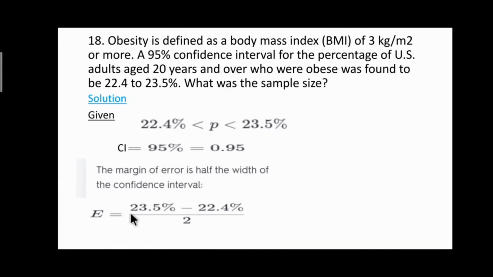So our margin of error is equal to 23.5 minus 22.4 all over 2, and the answer is equal to 0.55% or 0.0055.